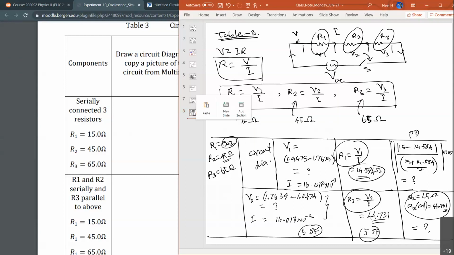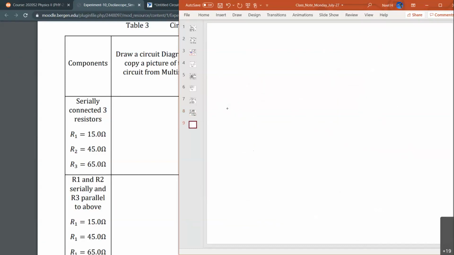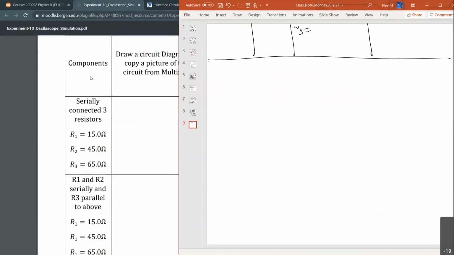Then you do exactly the same kind of calculation for R3. First 2 columns, then the third column, you actually calculate V across resistor number 3. You have to measure the V across resistor number 3.